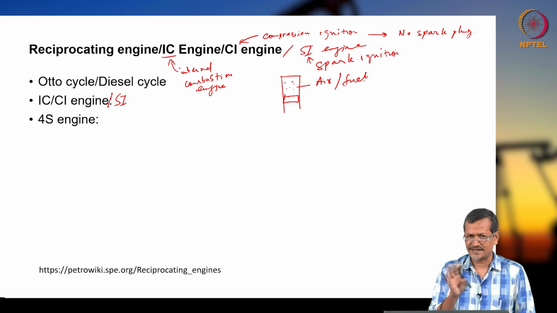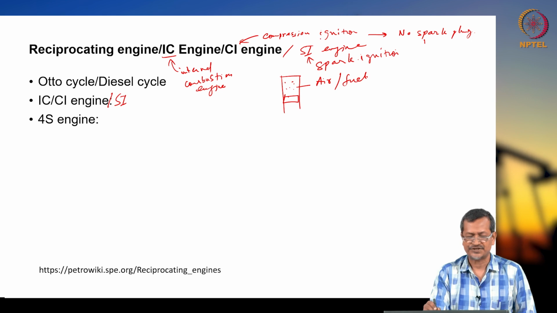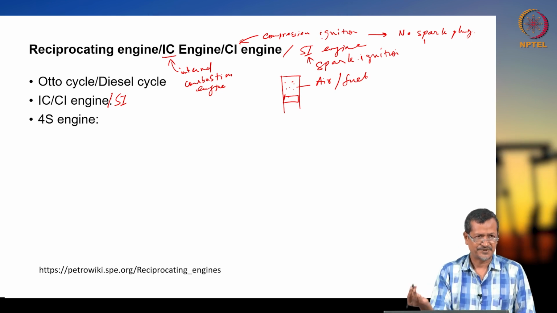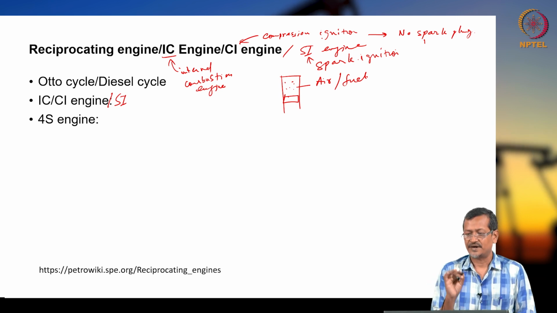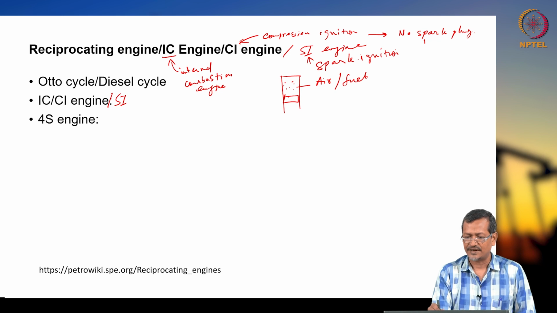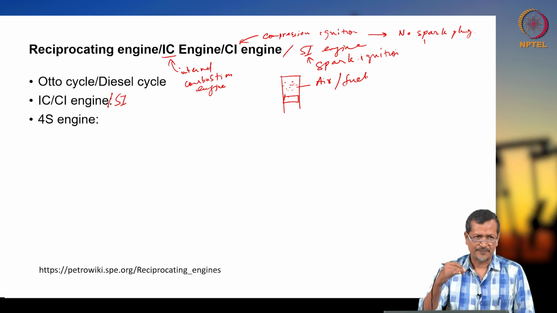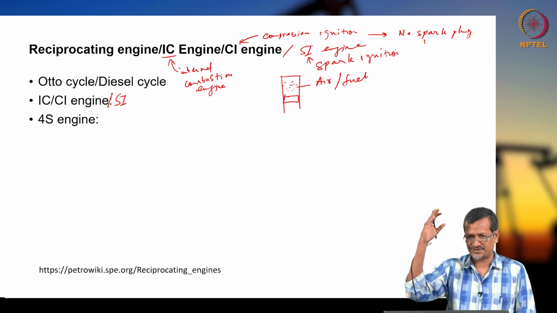You are not giving any spark. So a compression ignition engine will have a high compression ratio. But a spark ignition engine will have a lower compression ratio. You compress up to a certain level, then you give some fire source instead of compressing and increasing temperature.